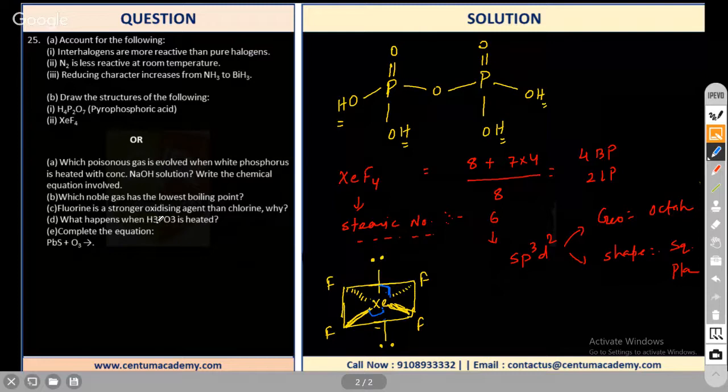Okay. Fluorine has high ionization enthalpy.